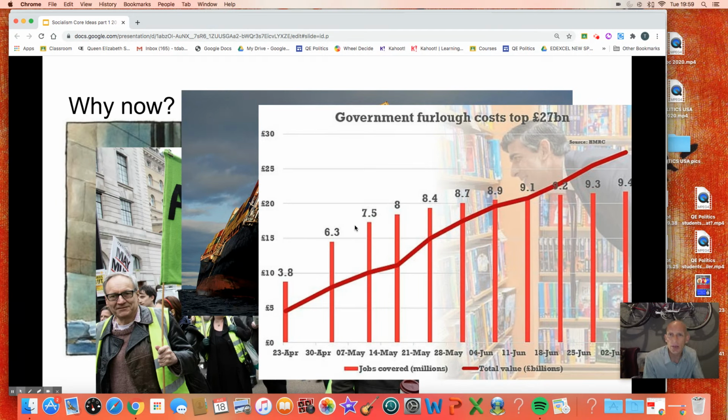And we could argue that since the state now is the answer to things rather than the problem, it means that even conservative parties have adopted some features, not principles, I guess, but some features of things that look a bit like socialism. So clearly it's having a moment.